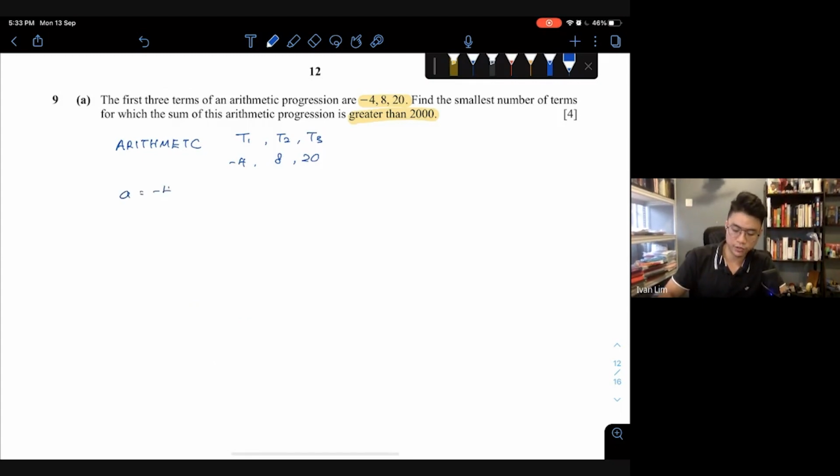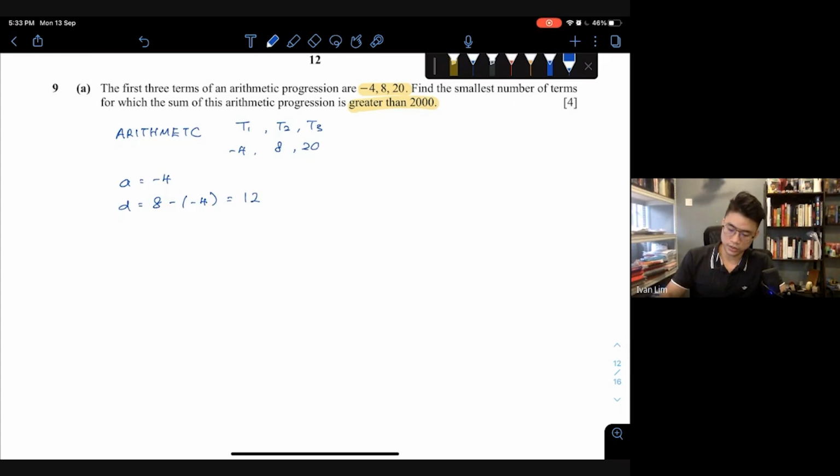So what can we find from -4, 8, and 20? a is -4, d is Tn plus 1 minus Tn. Okay, so I can get 8 minus -4. You just need to minus the term before. You can take 20 minus 8 also, you'll get the same answer, 12.